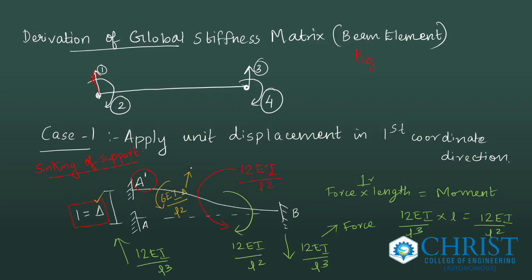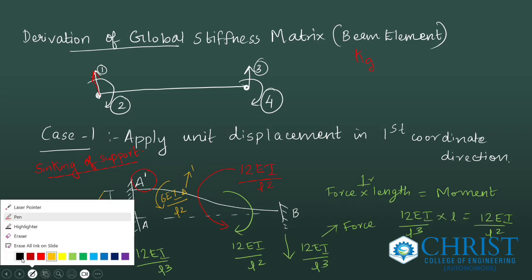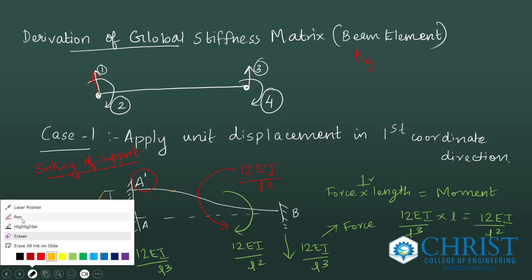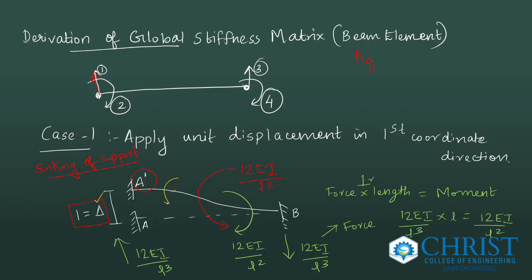Here it is 1, hence delta is equal to 1. Hence, I will get the moment value as 6 EI by L square in anti-clockwise direction.